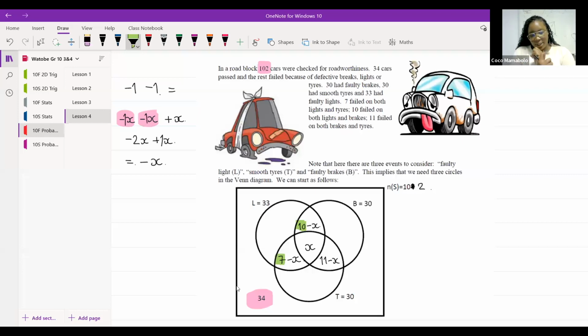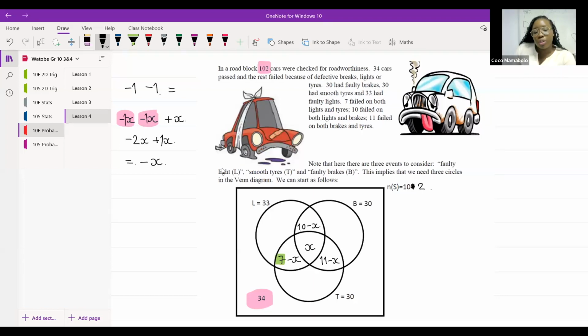We've already counted 7 people. We've already counted 10 people. So of that 33, we've already counted 17 of them. Oh, 17. Correct. So how many of them are actually left? It's going to be 16. Correct, 16.